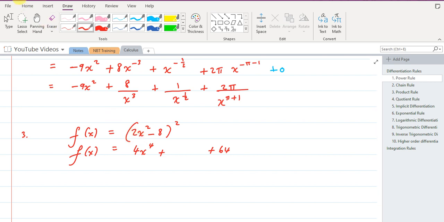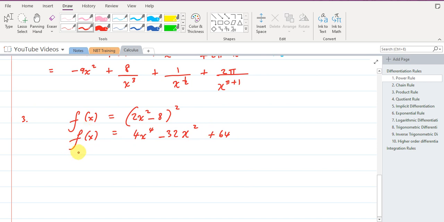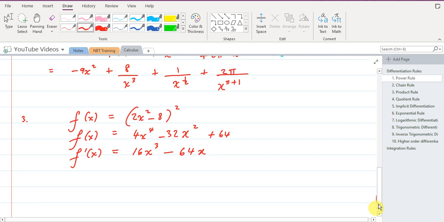So the product of these two is minus 16 times 2, which is minus 32x squared. Now if we find the derivative, f prime of x, we are getting 16x cubed minus 32 times 2 is 64x plus a 0. So that is your final answer.